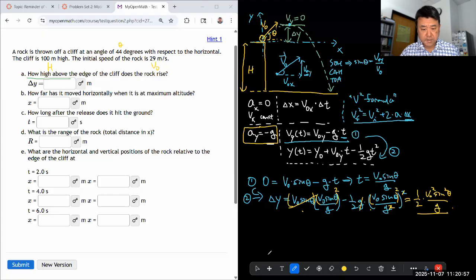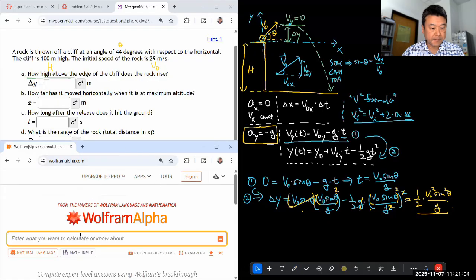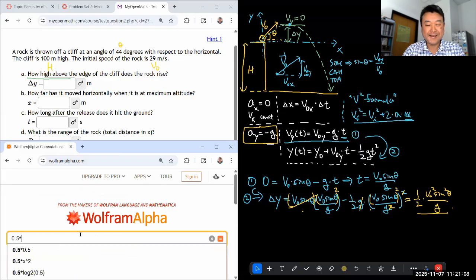Let me plug in the numbers and make sure I didn't make any mistakes. Here's Wolfram Alpha. So 1/2, or 0.5, times v naught, that was 29. I can plug everything in basic SI units, so I'll just keep the numbers in basic SI units.